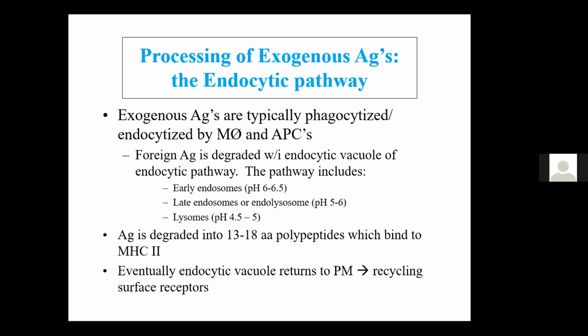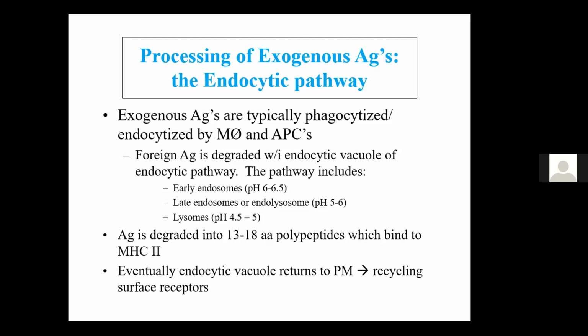These exogenous antigens are typically phagocytosed, as I've mentioned, or endocytosed by either macrophages or other monocytes, and also other antigen-presenting cells, not to forget the dendritic cells or the B cells.